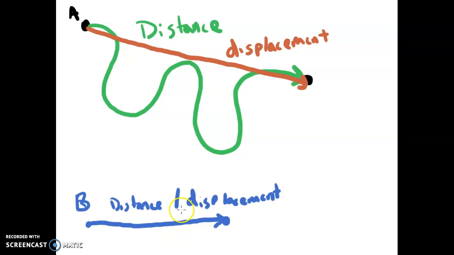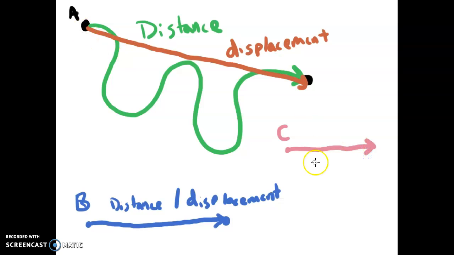Because, let's erase this. Or rather, let's get particle C. Let's do it in red this time, or pink maybe, and draw it over here. The particle C, who traveled like this in a straight line, but then came back.